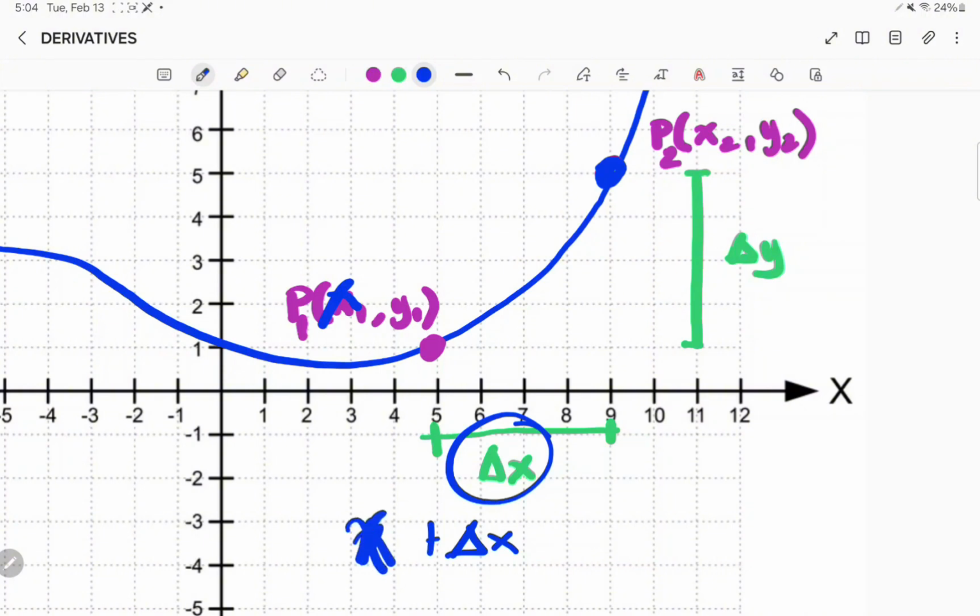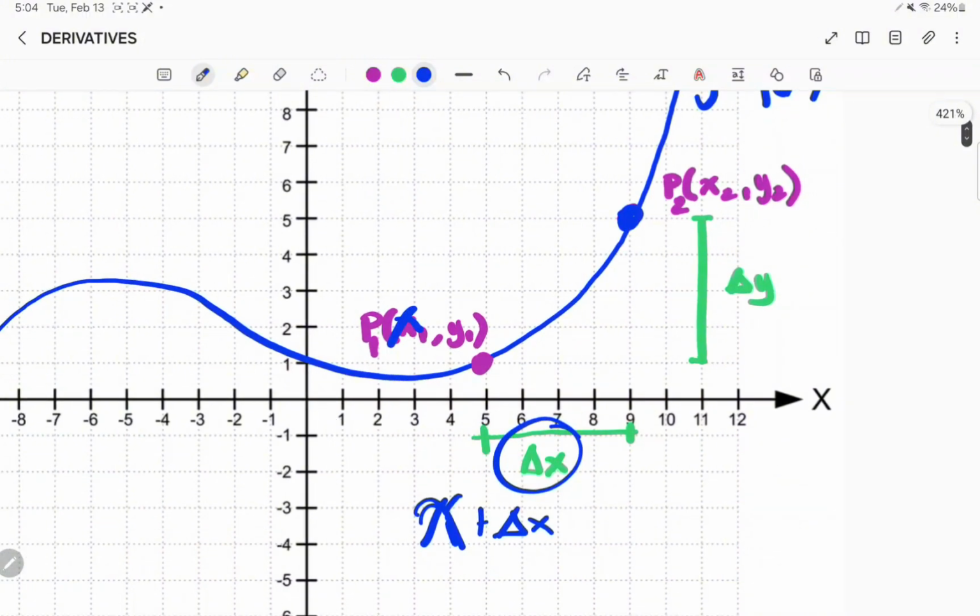Next, for y, in order to come up with the y of point 2, we just have to add a certain amount of increment of y to our y sub 1. Meaning, in order to get here from point 1, you just have to add a certain amount of change of y to y.